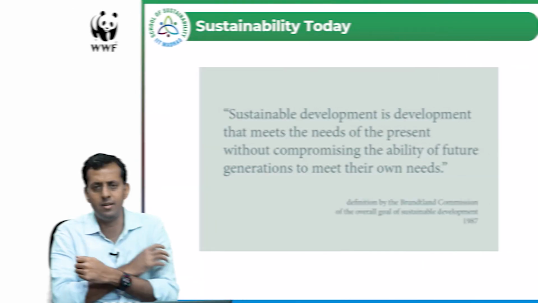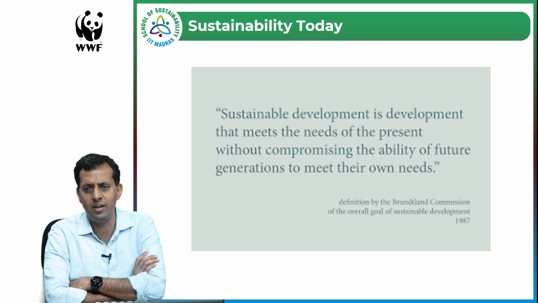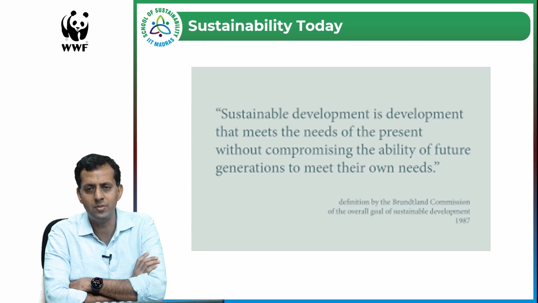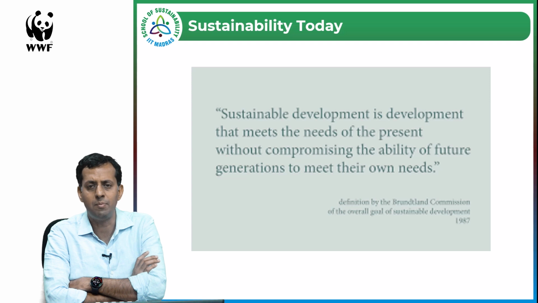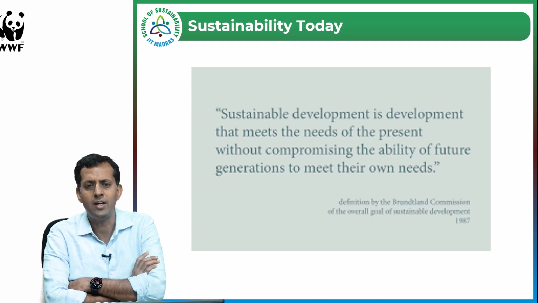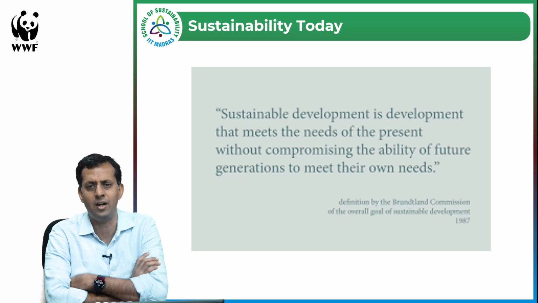In 1987, there was something called the World Commission on Environment and Development, and there was a group there called the Brundtland Commission, headed by a lady called Brundtland, who I believe was from Norway. The Brundtland Commission came up with what has since been the canonical definition of sustainability, the most popular one.